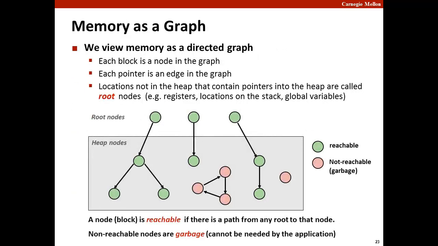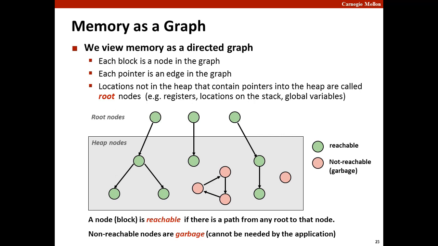Okay. The idea here is that we want to view memory as a graph. Okay? We want to think about these objects, and we want to think about how they relate to each other. This object identifies this object, identifies that object, and that object, and that object, right? We want to think about how these pointers or references connect these objects. Because at the end of the day, if I can't reference an object directly or indirectly, it can't be used.